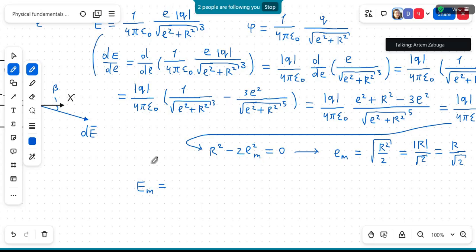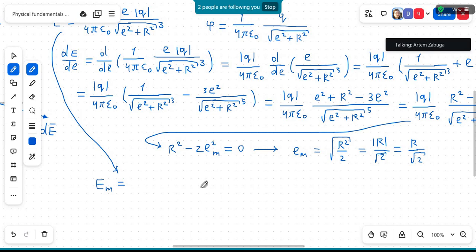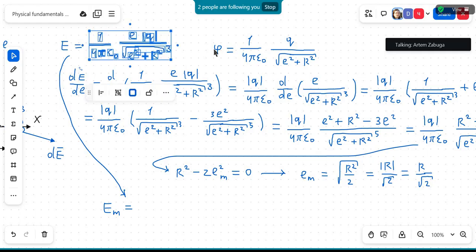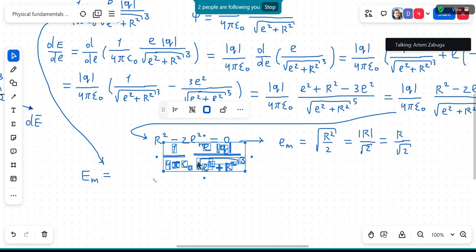We can use this formula. According to this formula, I'll just rewrite this to make it clear.